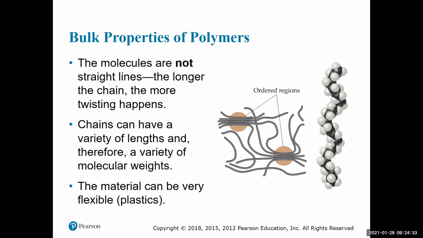And so you get some varying lengths of chains. You start to get some twisting, bending, and all this. And that's one reason why a lot of the polymers are pretty pliable, pretty bendable, and you can manipulate them pretty well.